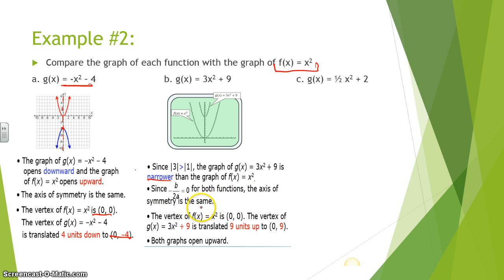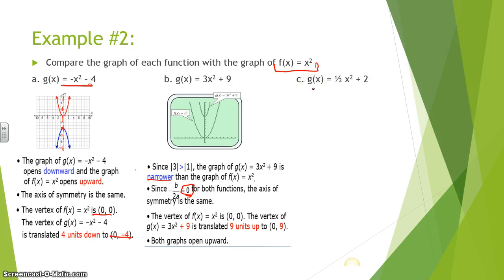Both of the functions have the same axis of symmetry, which is x is 0. What's different with these is the vertex. The vertex of f of x is 0, 0. The vertex of 3x squared plus 9 is going to be 0, 9. Something that these graphs have in common is that they both open upwards.